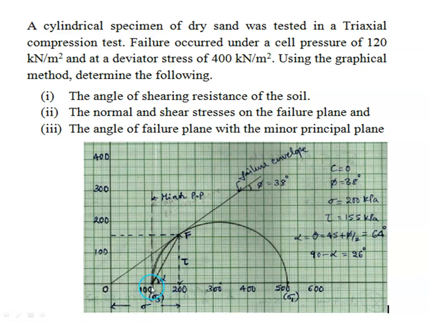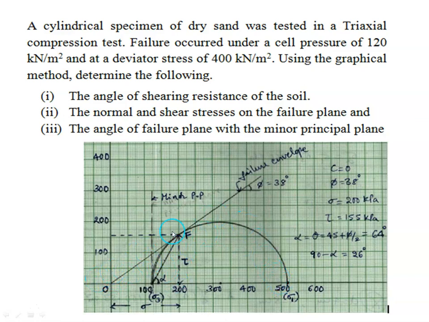So we can plot the values of sigma 1 and sigma 3 on the x-axis. Then by taking the center of these two values, we can draw the semicircle, which is nothing but the Mohr circle. Then we have to draw a tangent to this Mohr circle. So how to draw this tangent?